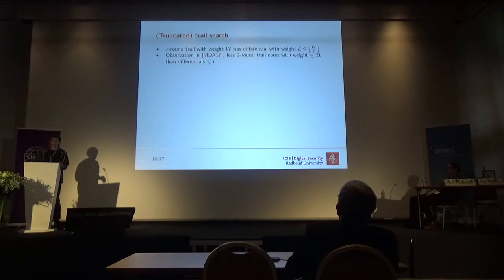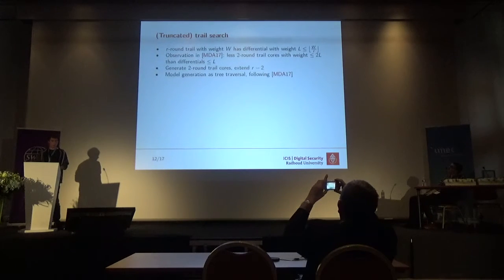We didn't start with a 1-round differential and extend that, but we started by generating these 2-round trails and extending those R-2 rounds forward and backward. And then that should contain the trail that we want.